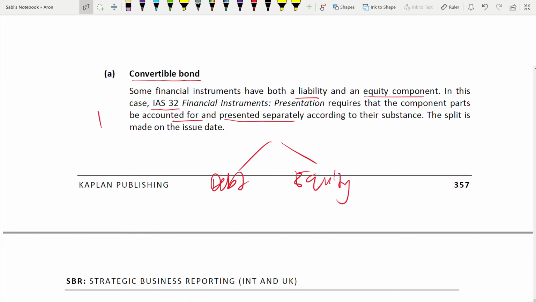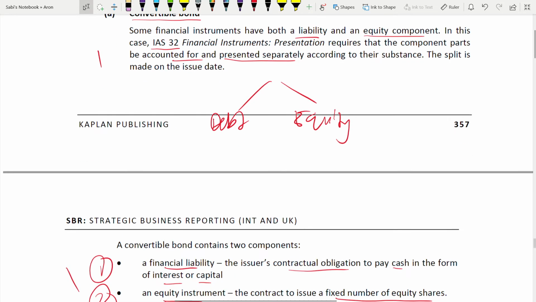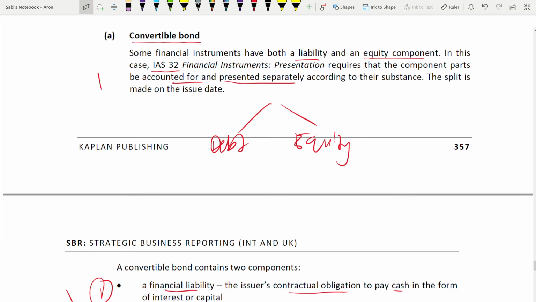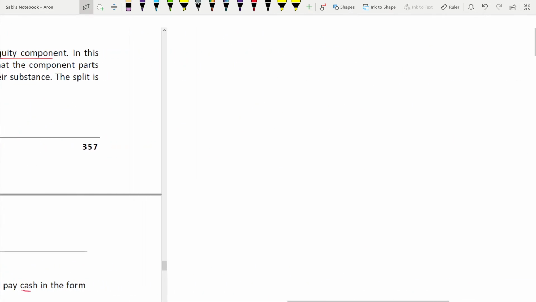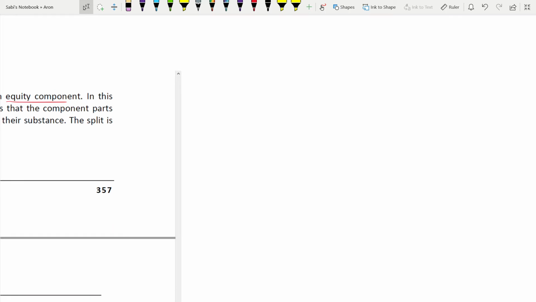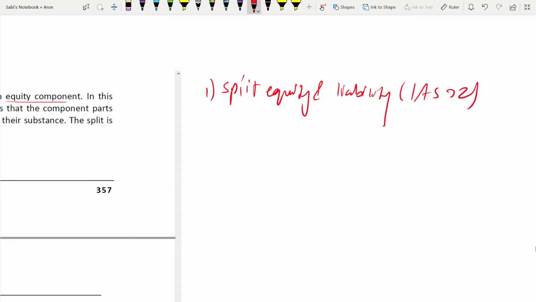Even if this first part takes, let's say, 50 minutes. So 1 mark: split equity and liability. The standard that I'm referring to is IAS 32.